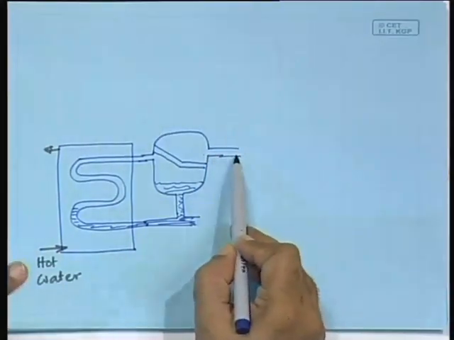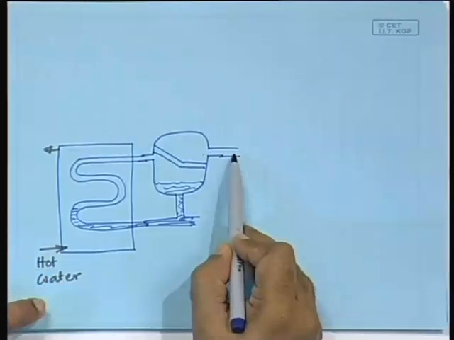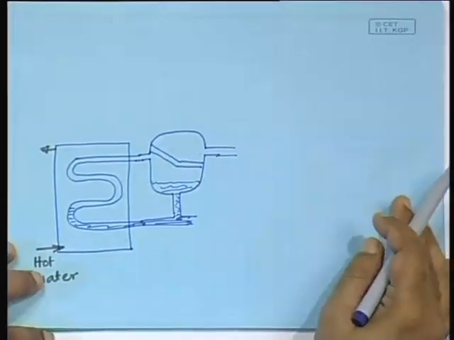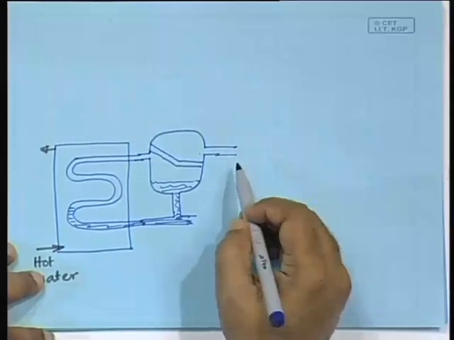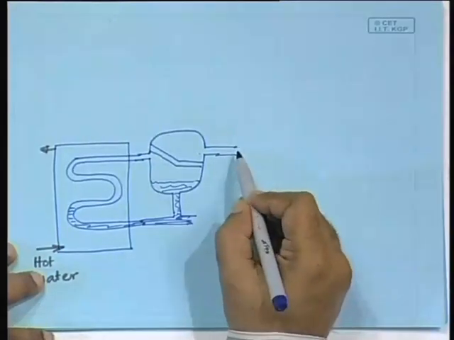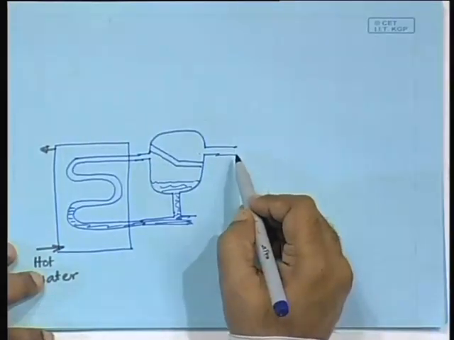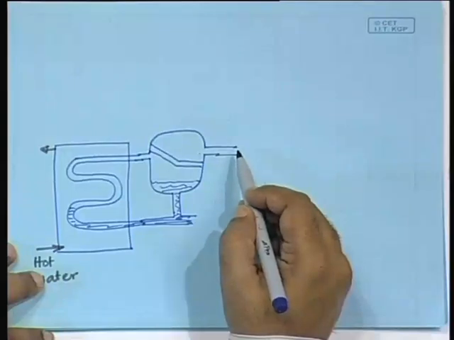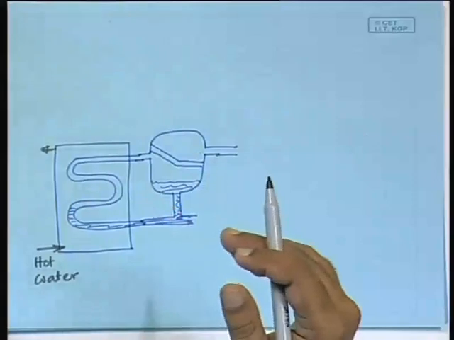So, after this stage you will have to have the turbine. I am drawing it schematically, but normally these are axial flow turbines. That means, as the vapor flows, the axis is in the same direction, it rotates.